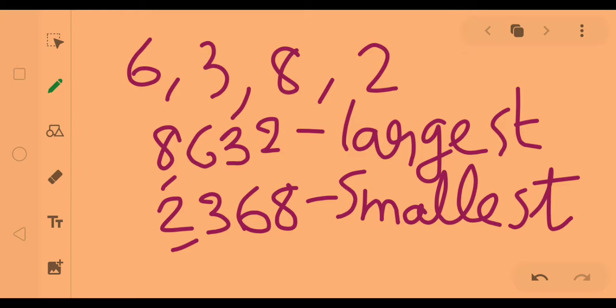So let's see a different case. If there are only 3 digits given, say for example digits 3, 5, 2, and we are asked to form the largest and the smallest 4 digit number, then how do we form them in this case?